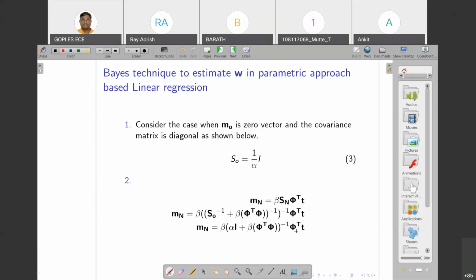So this is a special case when we choose S0 to be 1 by alpha I, with the off-diagonal elements being 0. If we choose M0 to be 0 and S0 to be like this, the expression for Mn boils down to a very simple expression, what you see here.